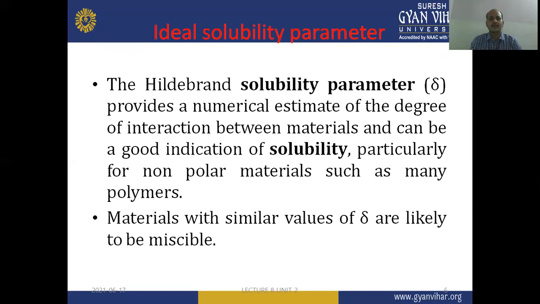Materials with similar solubility parameter or delta values are likely to be miscible. So if we determine the solubility parameter values and know the similarity between the solubility parameters of different compounds, we can predict that they can be easily miscible in each other.